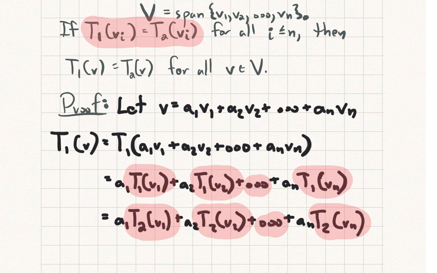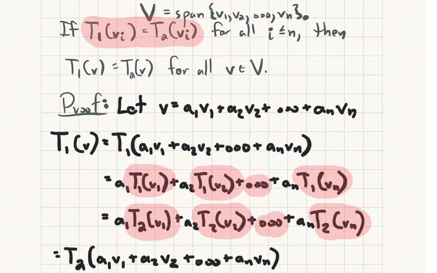And then we can just use linearity again. So this is just T2 of A1 V1 plus A2 V2 all the way to AN Vn, just using the transformation of a linear combination property, theorem 6.1. And, well, what is that? That's just T2 of V. So we did it.